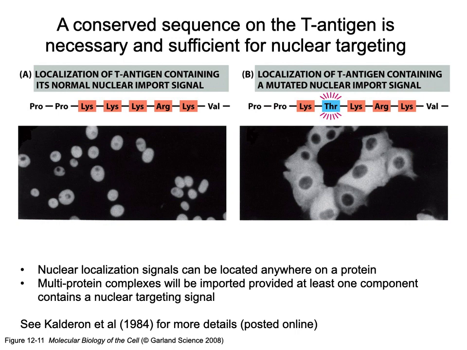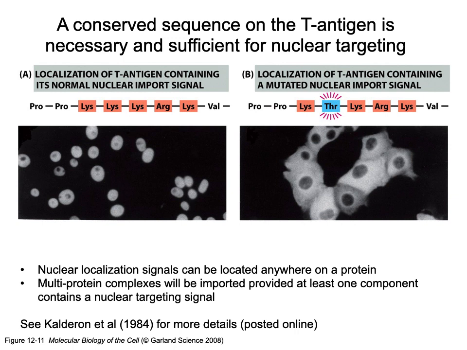If we look at the staining, we can see this really nice circular staining. However, if we point mutate this targeting sequence, there's a change in the expression, and we have this protein, T antigen, present throughout the cell. It's important to note that a nuclear localization signal can be located anywhere in the protein.